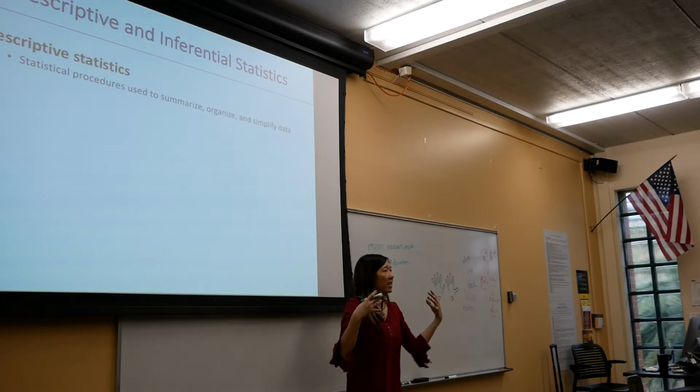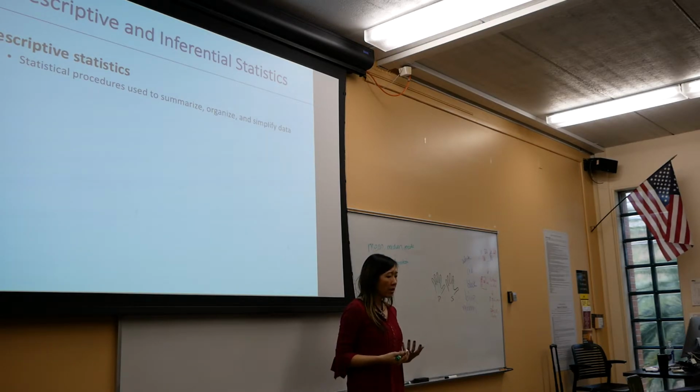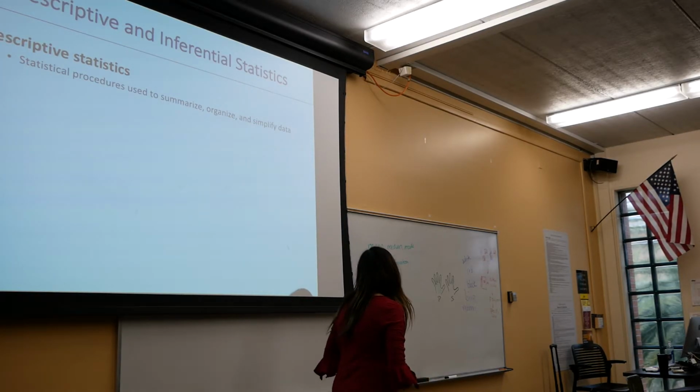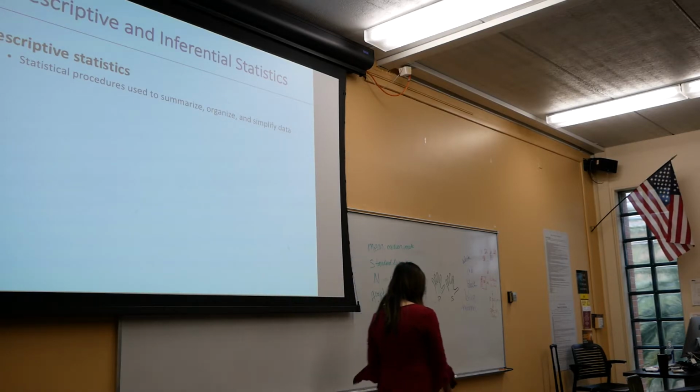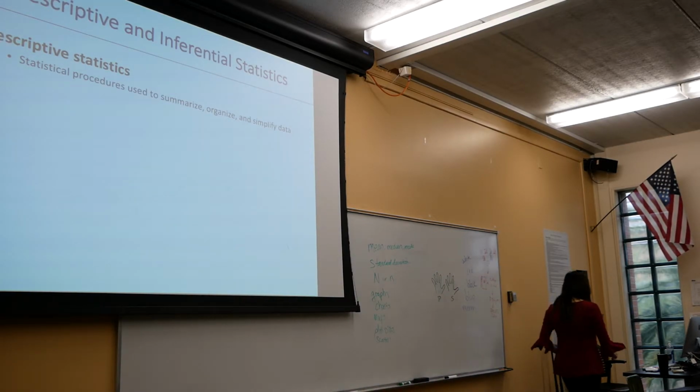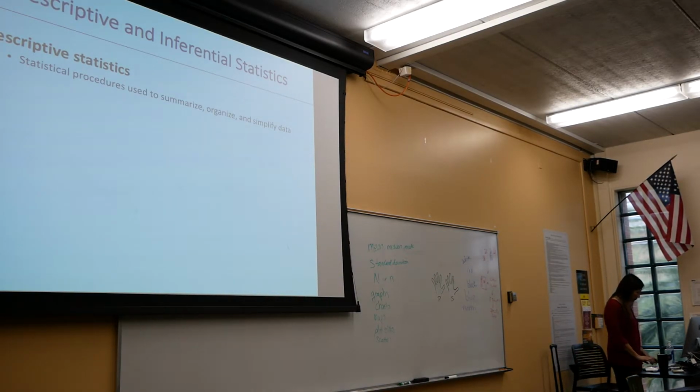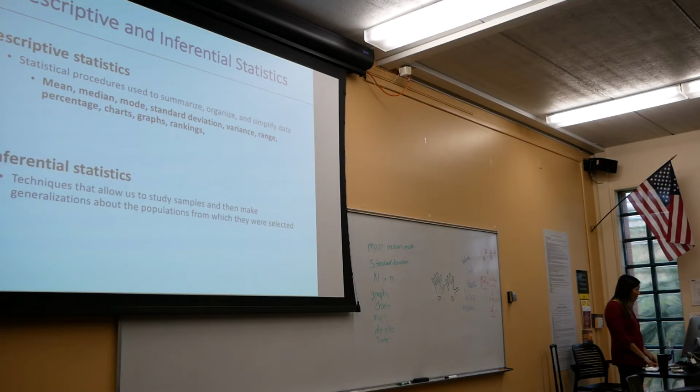So we're taking an average so that you don't have to exhaust your brain looking at every single piece of data, okay? All right, so, yeah. So these are pretty much everything that you said, so that's great. Then inferential stats.